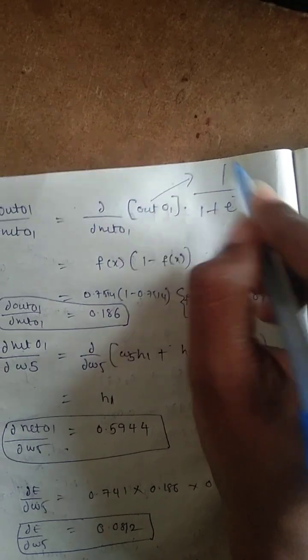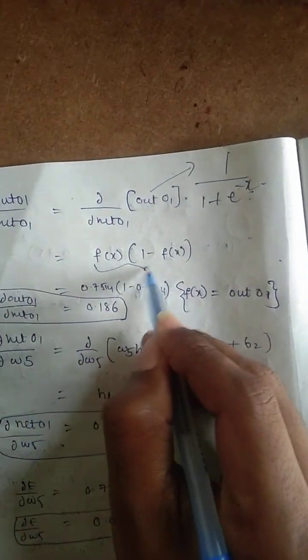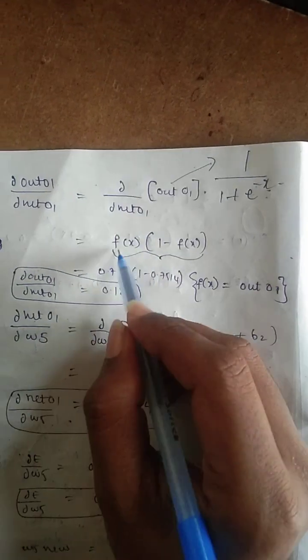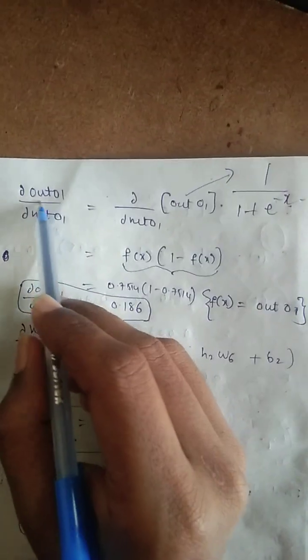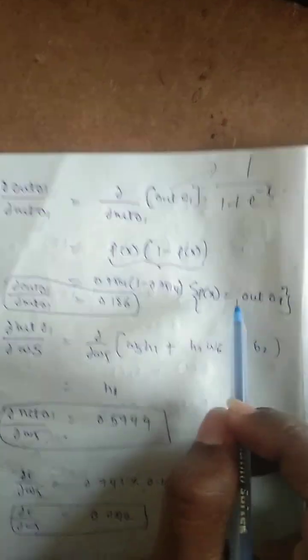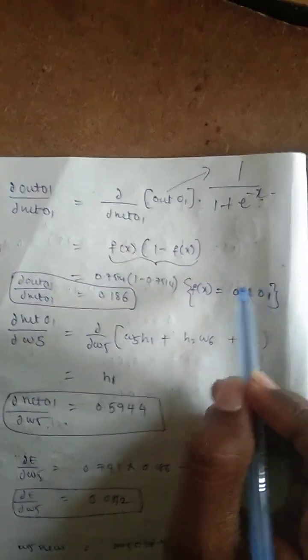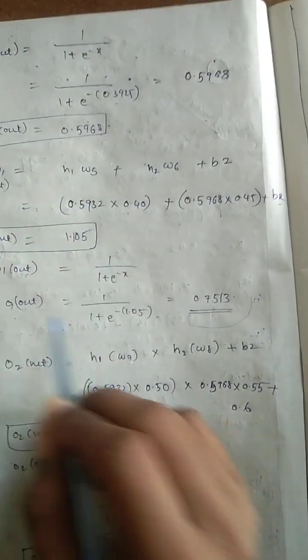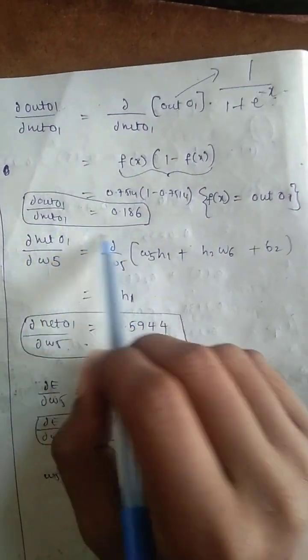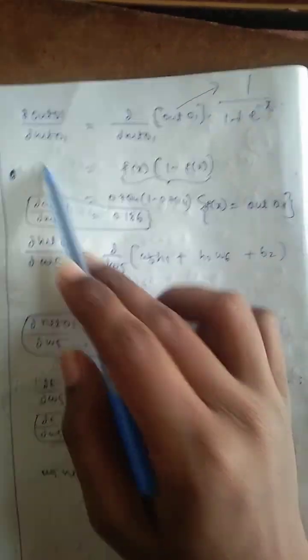If we differentiate this term, we get this formula, that is f of x into 1 minus f of x. In the f of x, we replace it with out of out 1, the output of out 1, which is 0.713. We replace this, then we get the solution for this second part.